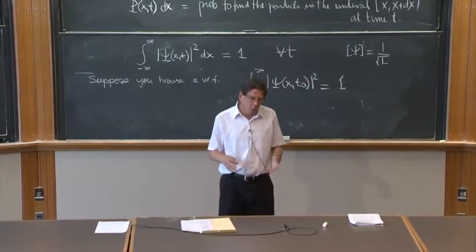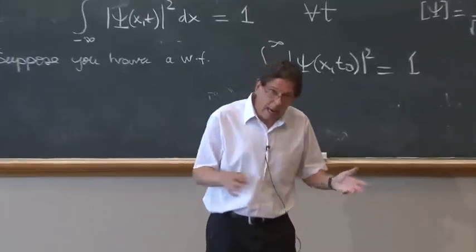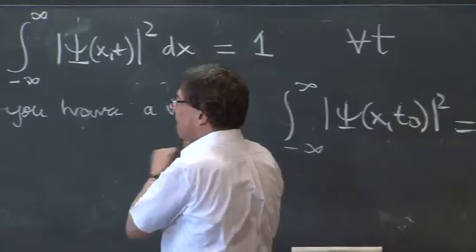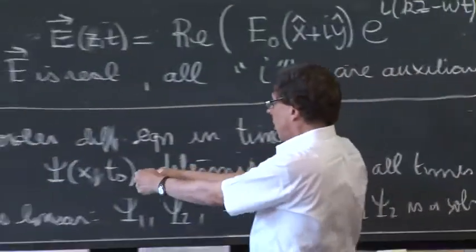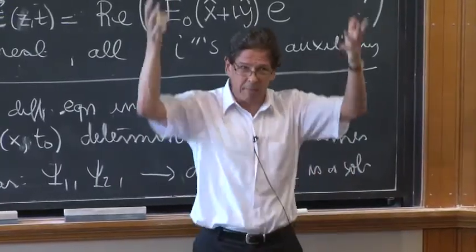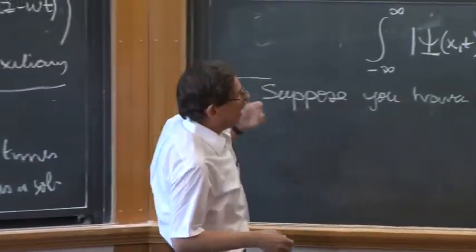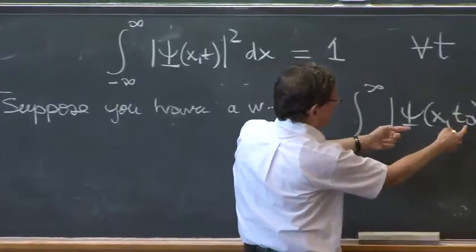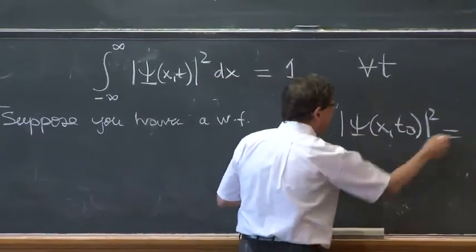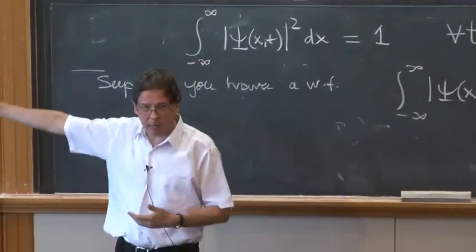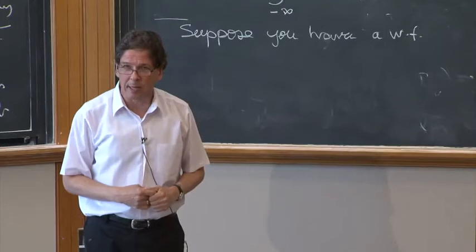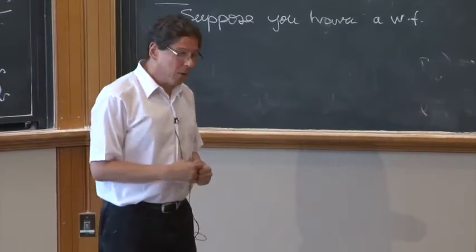Now, you'll say, well, why do you ask that? I ask that because actually this could be a problem. We've said that if you know the wave function all over space at one time, it's determined everywhere, so any time later. Therefore, if I know the wave function at time t0 is a good wave function, am I guaranteed that when I solve the Schrodinger equation, the wave function will be normalized well later? Yes, you are.